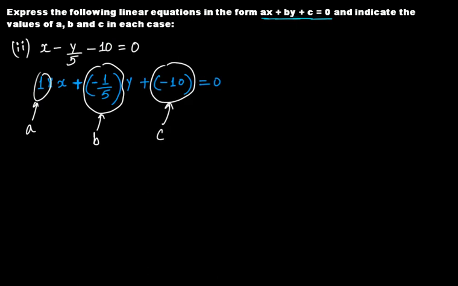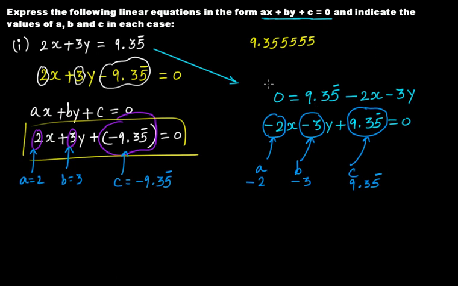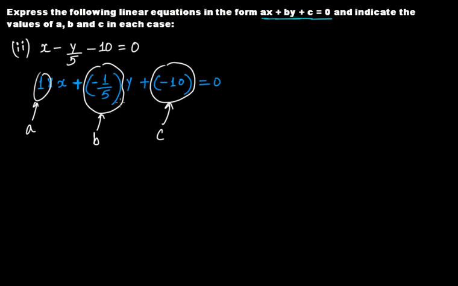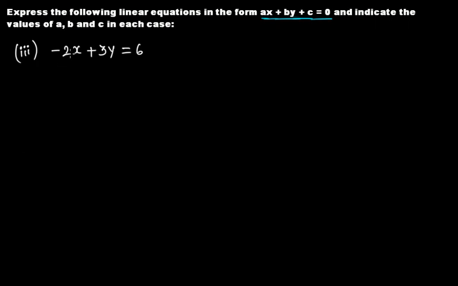And in the same way as we did here, you can express it in a different way, like transposing all these to the left hand side, right hand side, and in that case the sign will get reversed. Now here you have minus 2x plus 3y equal to 6.